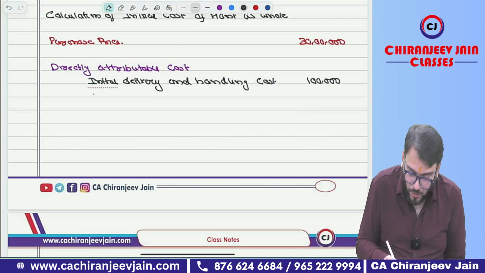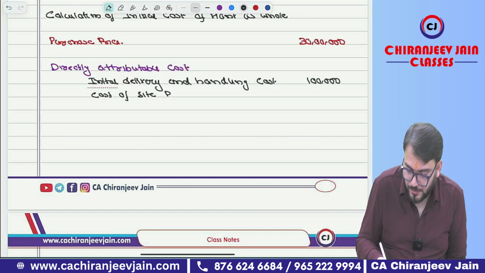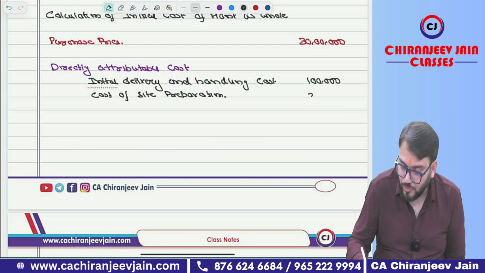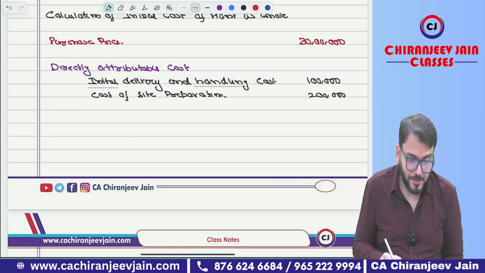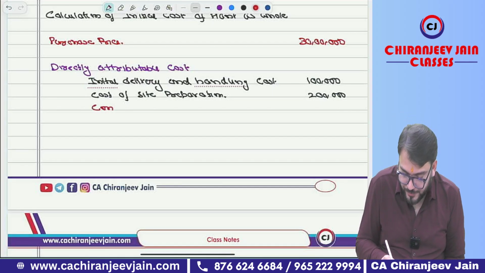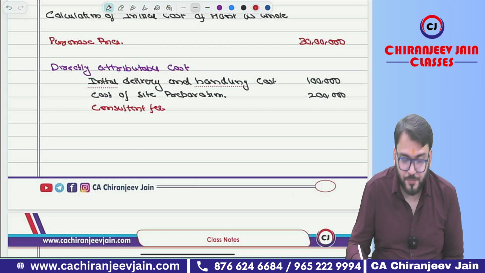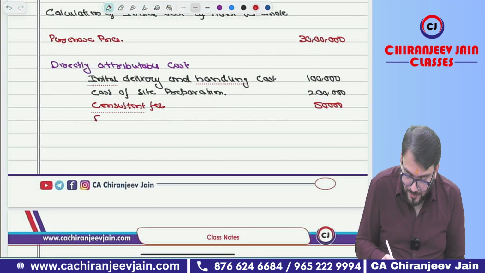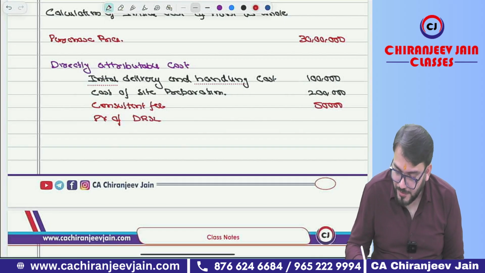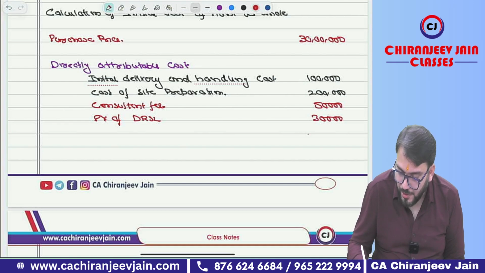Then what is given? Cost of site preparation. How much? 2 lakh. Then there is one consultant fee. Consultant fee is 50,000. Then the present value of DRSL, that is 30,000.